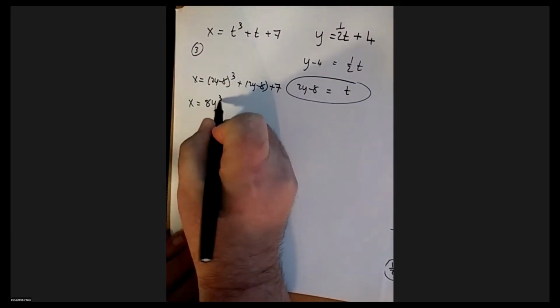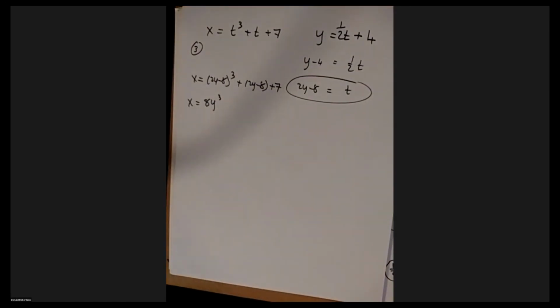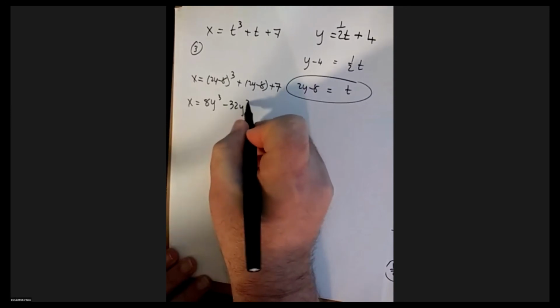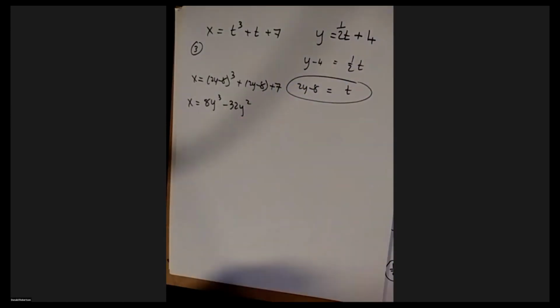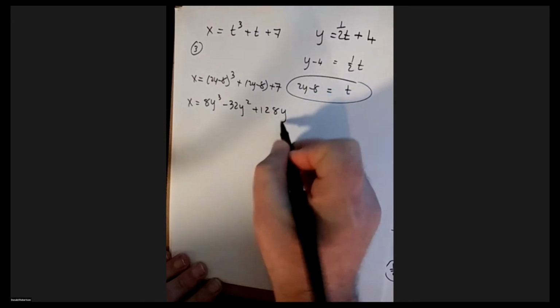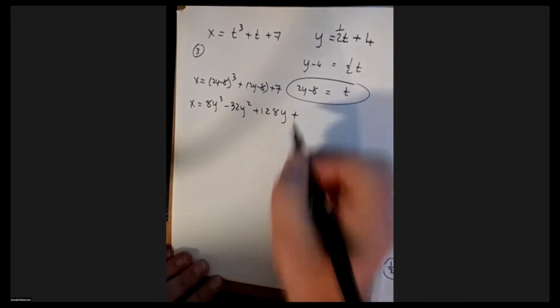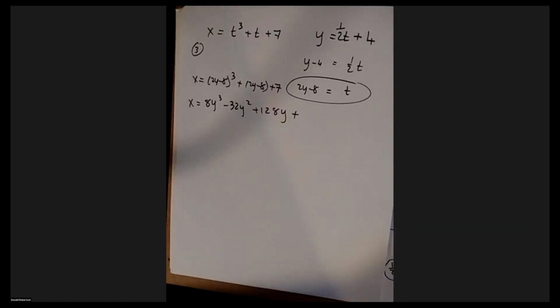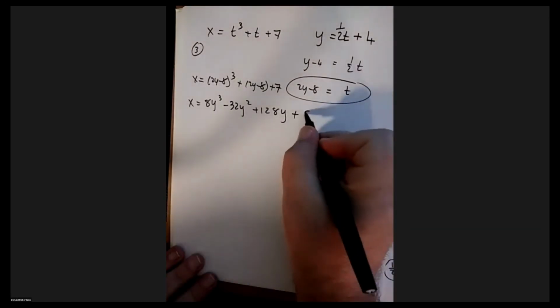You get 8y cubed. You get minus 32y squared. You get plus 128y, and you get plus 2, 4, 8, 16, 32, 64, 128, 256, 512.